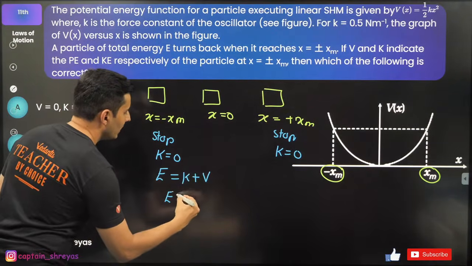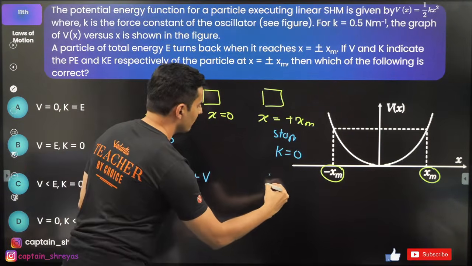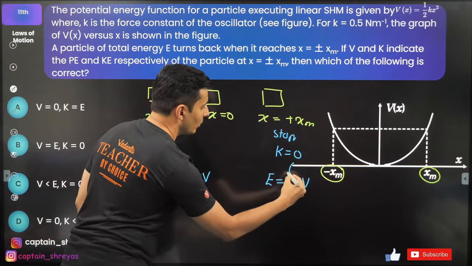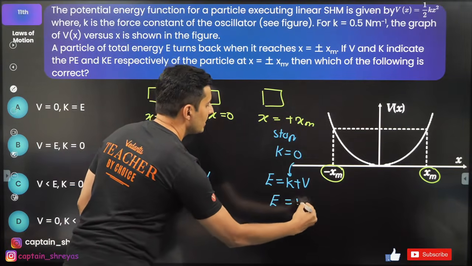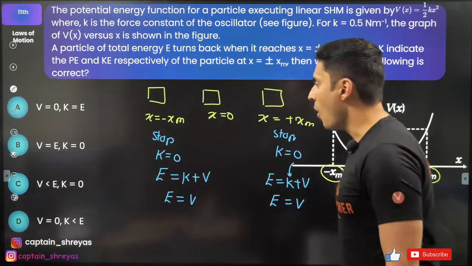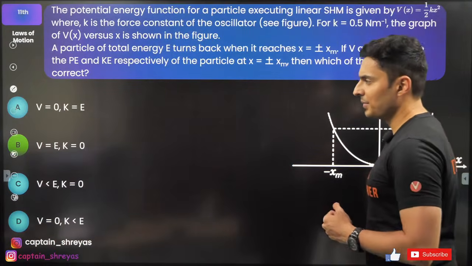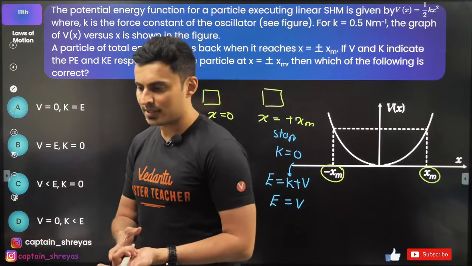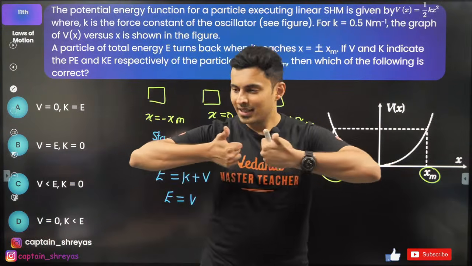Kinetic being 0, E is equal to V. Same thing over here. Total energy is the sum of kinetic plus potential, kinetic being 0. Therefore, the total energy is the potential energy. So I think option B is correct. Yep, it is. Very good. Awesome, guys.